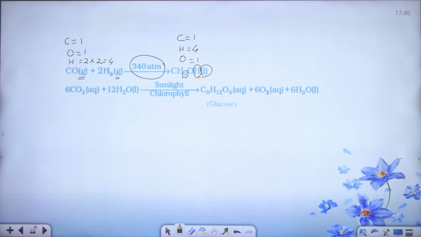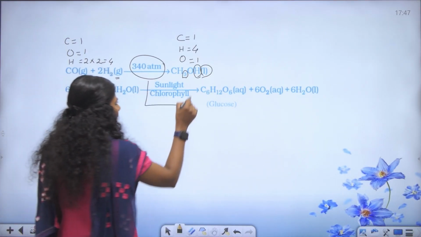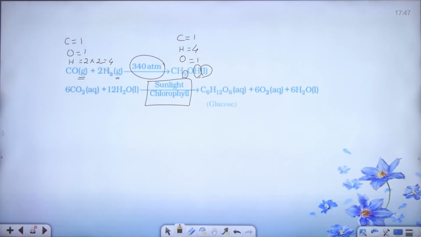Then another equation, 6CO2 plus 12H2O gives C6H12O6 plus 6O2 plus 6H2O in the presence of sunlight and chlorophyll. This is the photosynthesis process, the chemical equation of photosynthesis. Carbon dioxide reacts with water in the presence of sunlight and chlorophyll. The reaction condition is sunlight and chlorophyll.